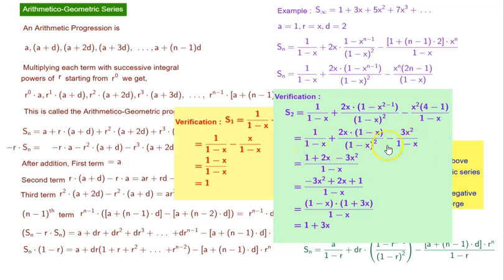So in the denominator in all these terms, we end up with 1 minus x. So combining all these terms, we get 1 plus 2x minus 3x square. Let's write it in the order of powers of x. We have minus 3x square plus 2x plus 1 divided by 1 minus x. And factoring it, we get 1 minus x times 1 plus 3x divided by 1 minus x. 1 minus x, 1 minus x gets cancelled and we are left with 1 plus 3x, which is what s sub 2 is, the sum of first two terms.